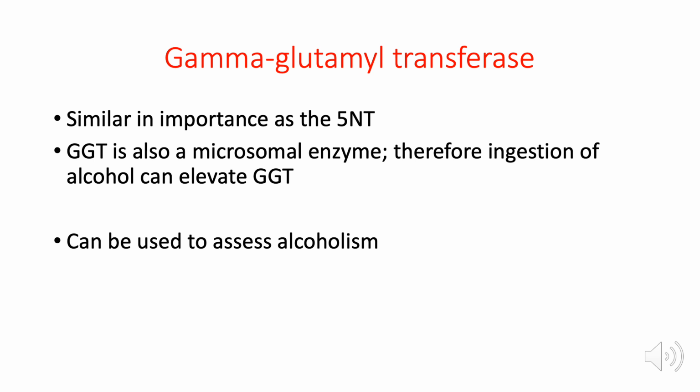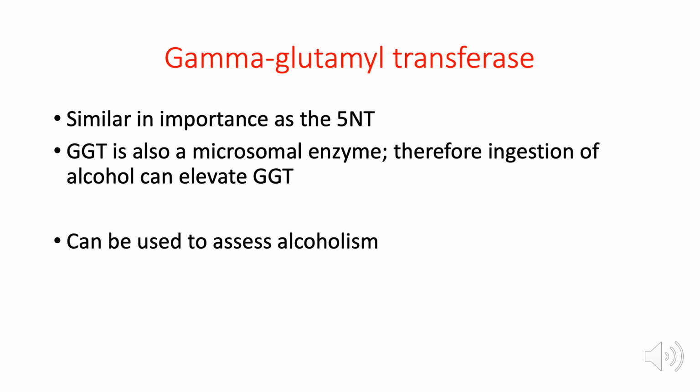If 5-nucleotidase is not available, then you can use gamma-glutamyl transferase, or GGT. Aside from being useful in the diagnosis of bile duct obstruction, GGT is a microsomal enzyme. When you say microsomal enzymes, these are enzymes in the liver that can be produced in high amounts if the hepatocytes are exposed to a particular chemical.